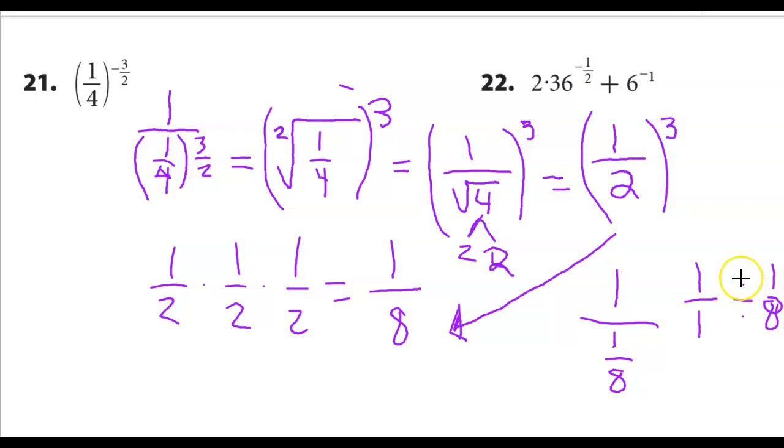So I'm going to rewrite it as 1 over 1 times 8 over 1, which gives me 1 times 8 is 8 over 1. So my answer is just 8. So this is really 8. Okay, 8 divided by 1 is 8.